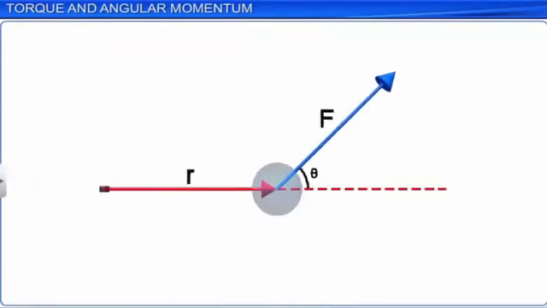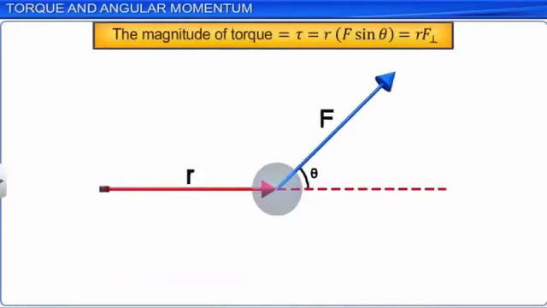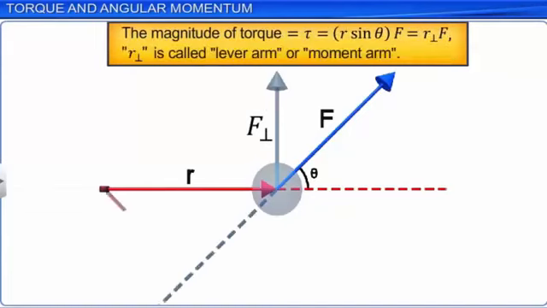The magnitude of torque can be written as tau is equal to r into F sine theta, which is equal to r into F perpendicular, or tau is equal to r sine theta into F, which is equal to r perpendicular F. r perpendicular is called the lever arm or moment arm.